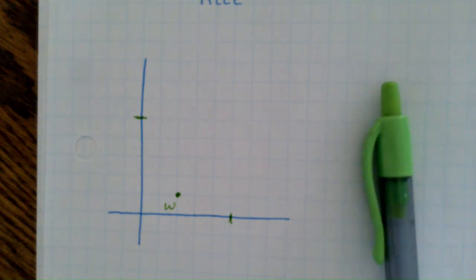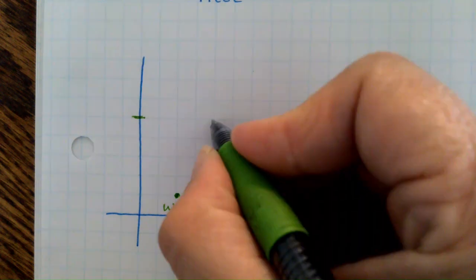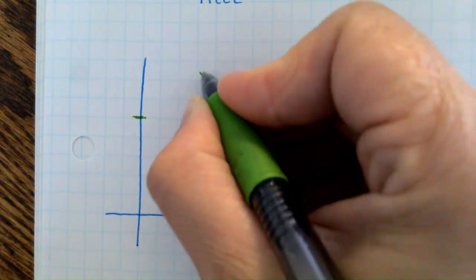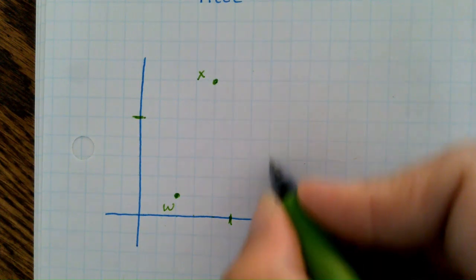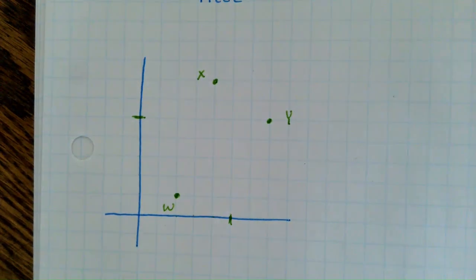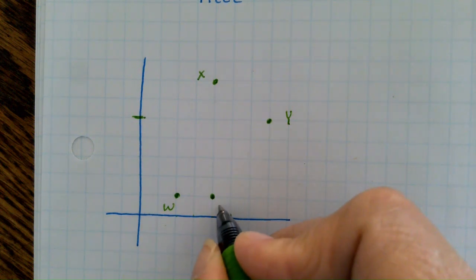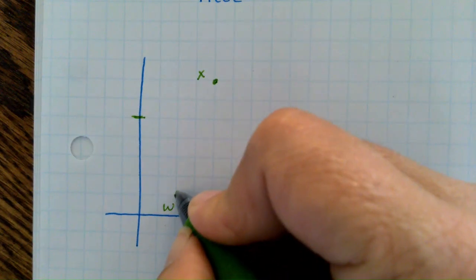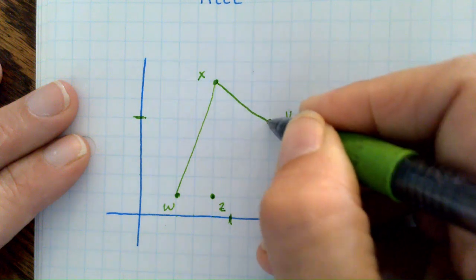And X is going to be at 4, 7. Y is going to be at 7, 5. And Z is going to be at 4, 1. So we have a quadrilateral W, X, Y, Z.